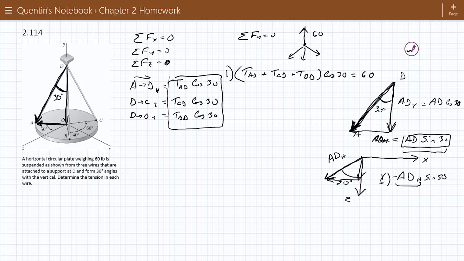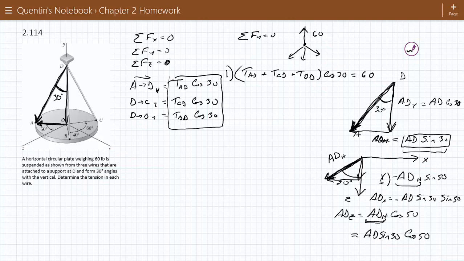So AD in the x is minus AD sine 30 times sine 50. And what is the z component? AD in the z is going to be the horizontal portion of it again, times cosine of 50. But again, we know what this is, and so that is equal to AD sine 30, because that's what this portion is right here, times cosine of 50.